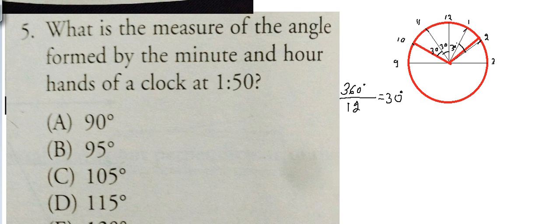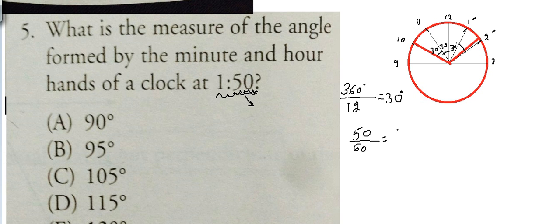How many minutes from 1 o'clock to 2 o'clock? We have 60 minutes. And we have 10 minutes left to reach there. So we are 50 minutes after 1 to reach 2.